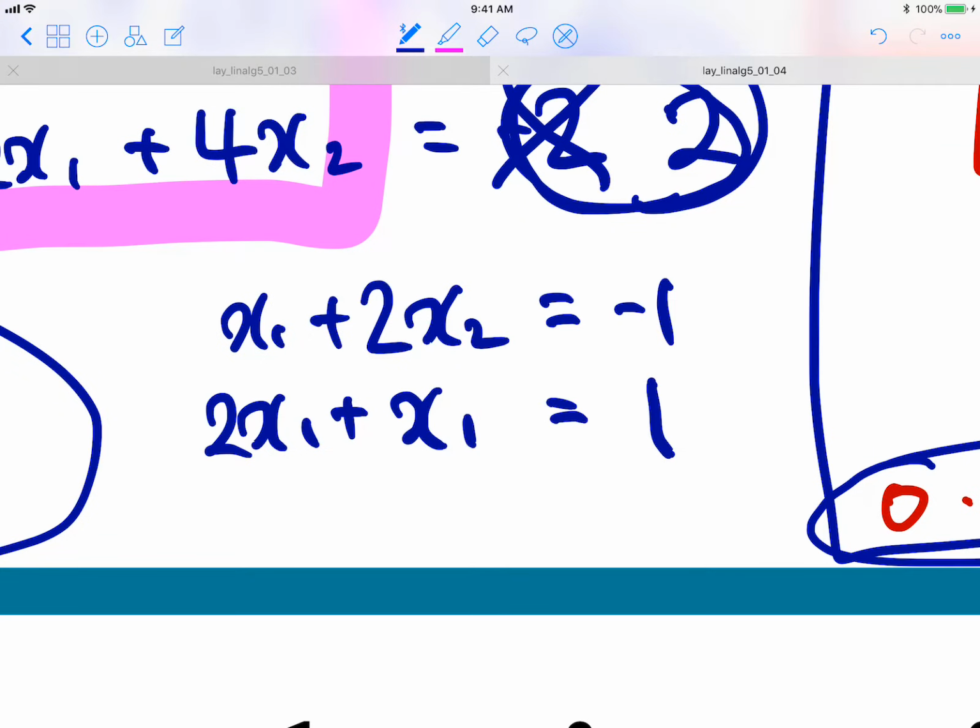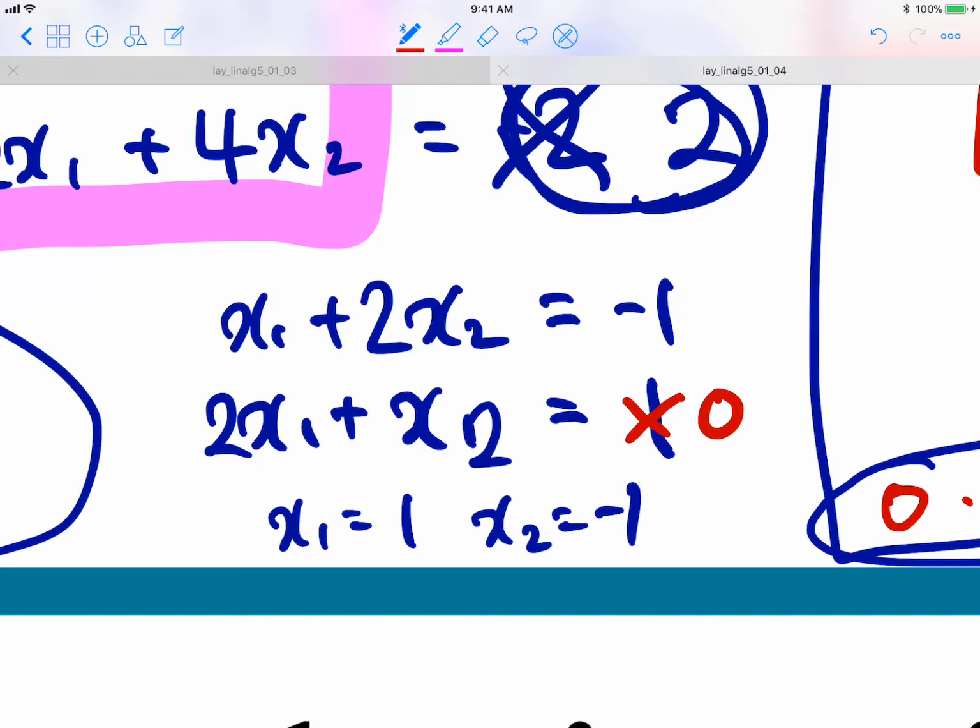So do we have a solution here? The solution will be this guy, right? So we have a solution. Then let me change this guy into 0.